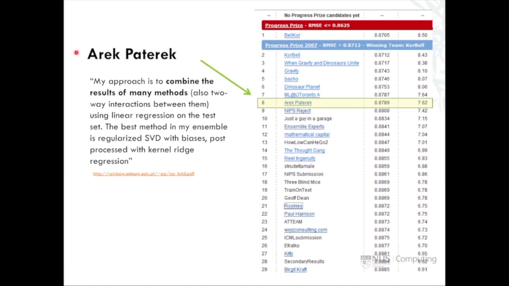Another person who was at rank 8, Eric Paratek, said, my approach is to combine the results of many methods, also two-way interactions between them, using linear regression on the test set. The best method in my ensemble is regularized singular value decomposition with biases, post-processed with kernel ridge regression. So the idea of combining multiple methods together seemed like a good idea.